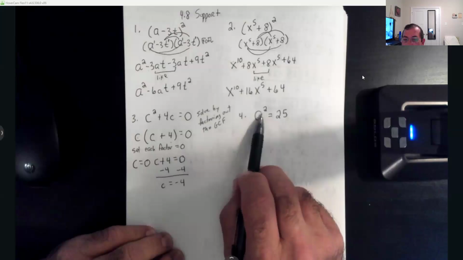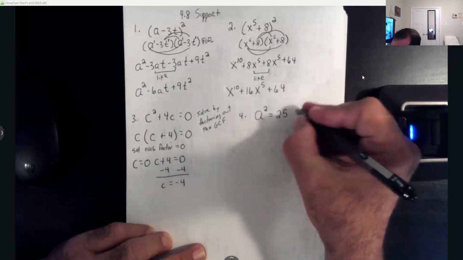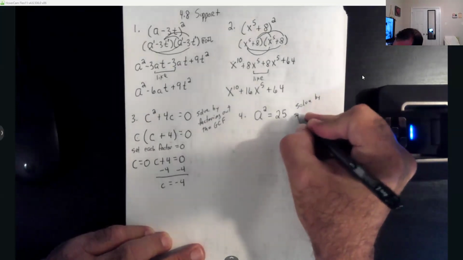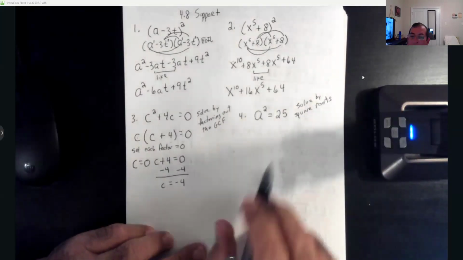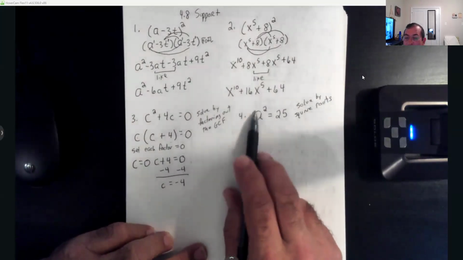So this one has the a squared term and a number. So remember on those, I said we could solve by square roots. And this one has the a squared over here by itself already.